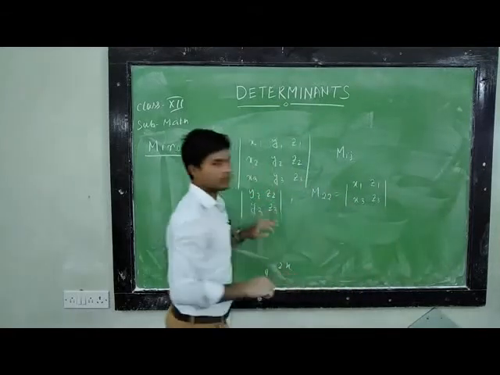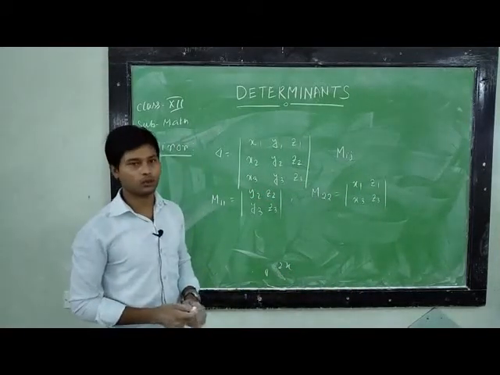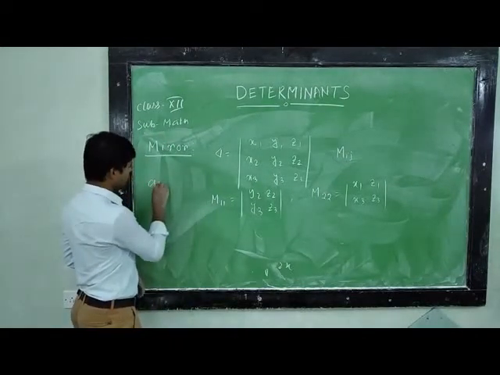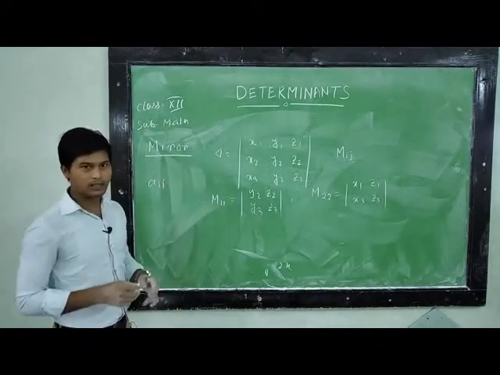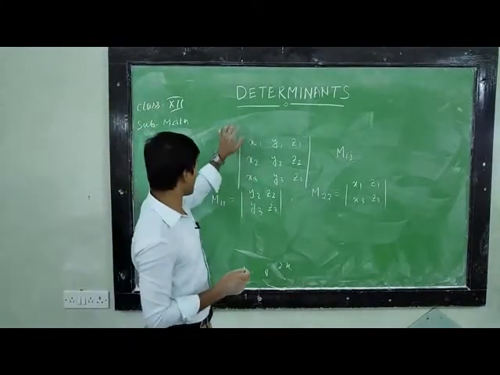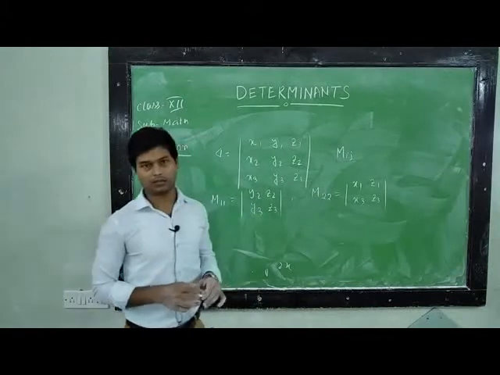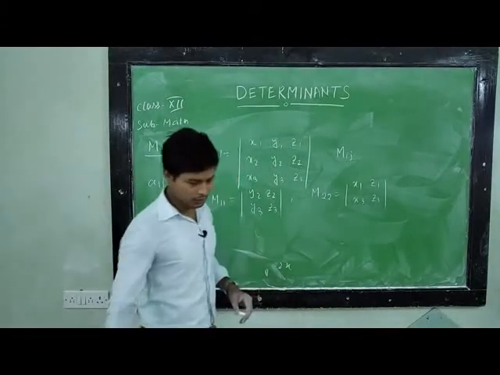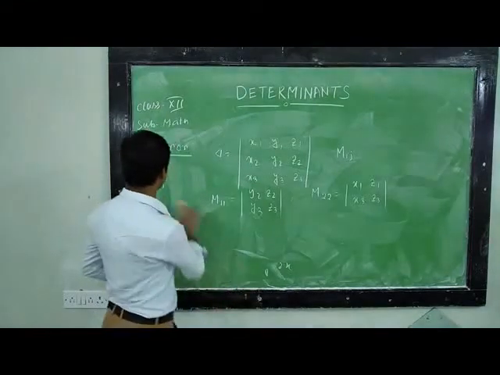So this is the minor corresponding to element A22. So the minor of an element Aij means the determinant after deleting the ith row and the jth column. So that gives the minor. I am giving an example that will clear your idea.